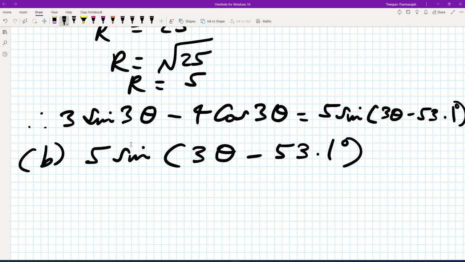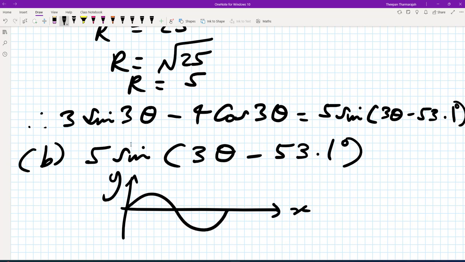So if we think of the sine graph, and if we were to draw that out, you should be familiar with this graph from GCSE. We can see that the corresponding value for minus 1 occurs at 270.